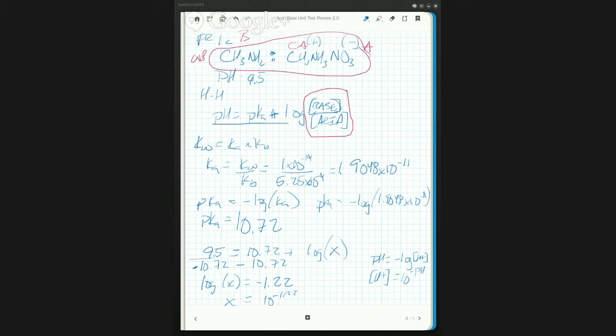I am forgetting right offhand about the 10 to the negative. If it's already negative, I think you just do it. So I think the ratio is 0.06, but I want to just confirm that.